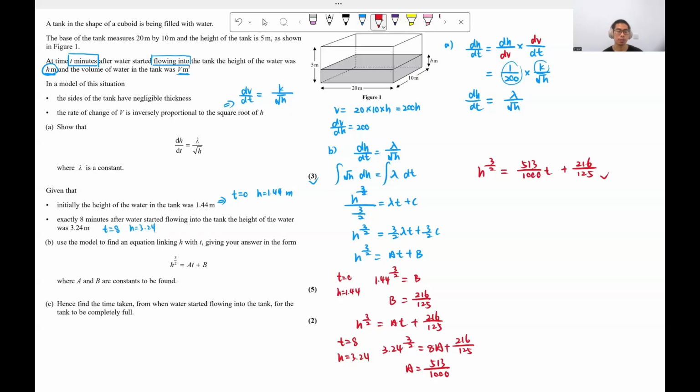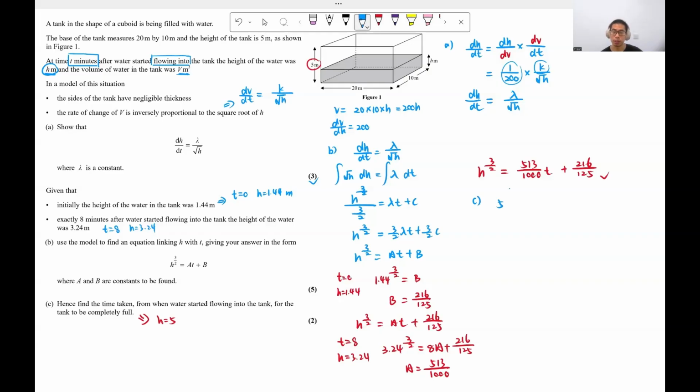Part C: hence, find the time taken from when water started flowing into the tank for the tank to be completely full. If the tank is completely full, the height of the water should be 5 meters. To work out the time taken, we let h equal 5 and solve it.